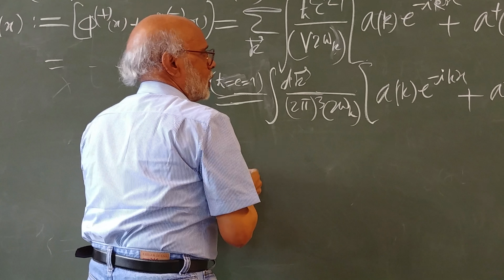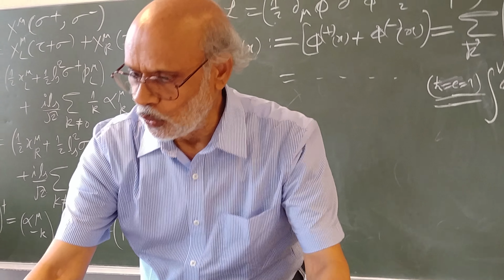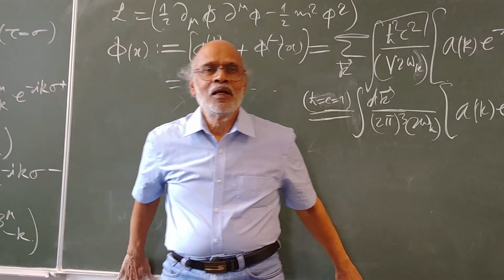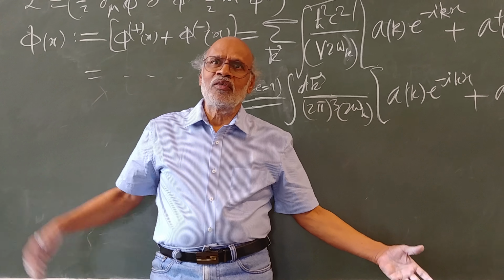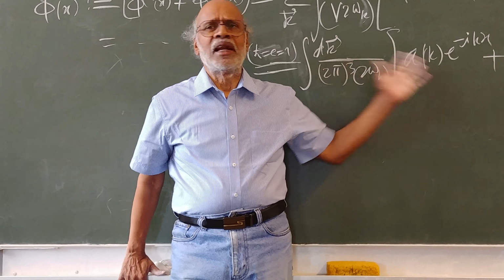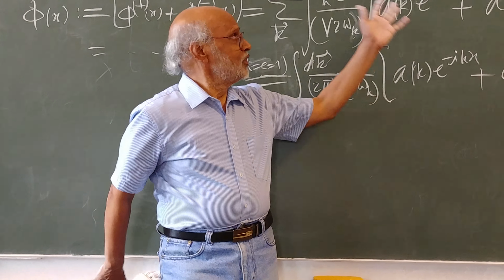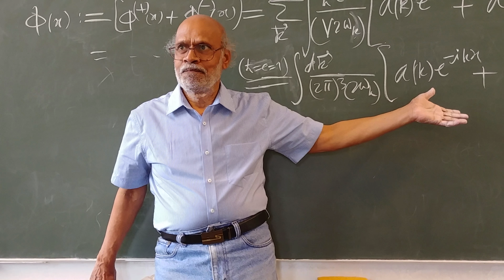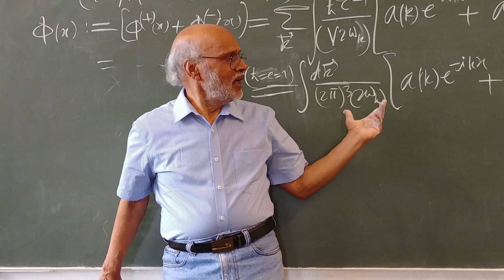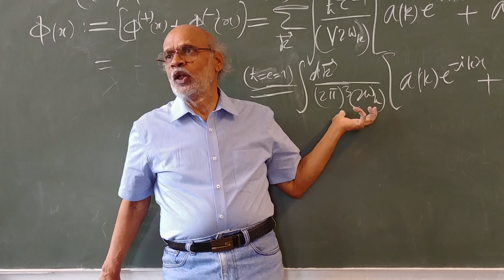Okay, so these are two different Fourier expansions of the field phi in two different ways. This first one is called finite volume normalization. This second one is called infinite volume normalization.